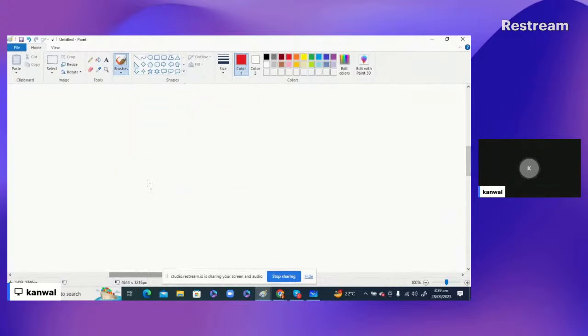Got it? Okay, let me write here 7 plus 8. Okay, when you add 7 with 8, if you draw the lines, then it becomes easier for you. Now draw 7 lines. 1, 2, 3, 4, 5, 6, and 7.